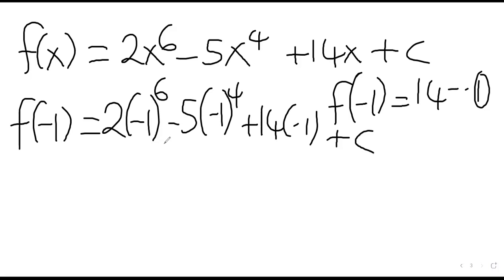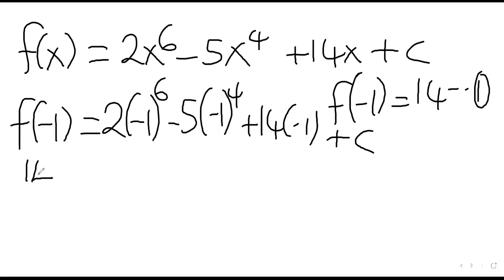Okay, so we simplify this part here. f of -1 here, guys, is just 14. So I'll put 14 instead, since you saw what happened in the previous question. I'll substitute f of -1 with what is already given. So I'll put 14 here where there is f of -1.